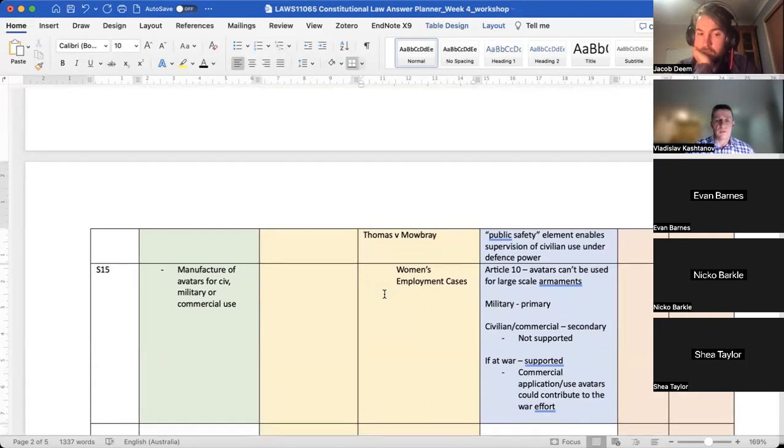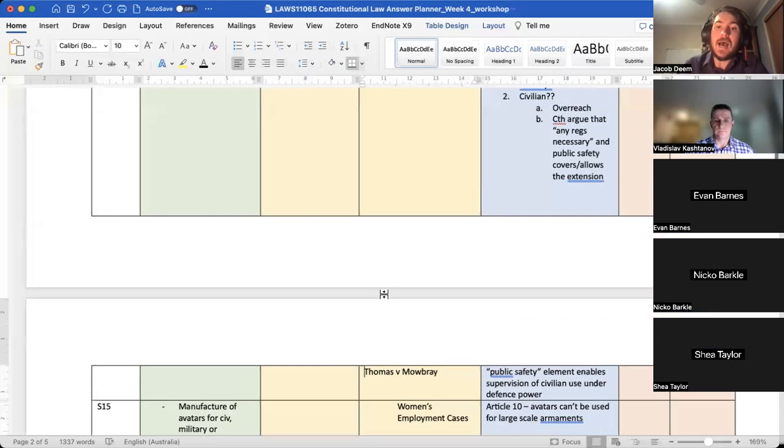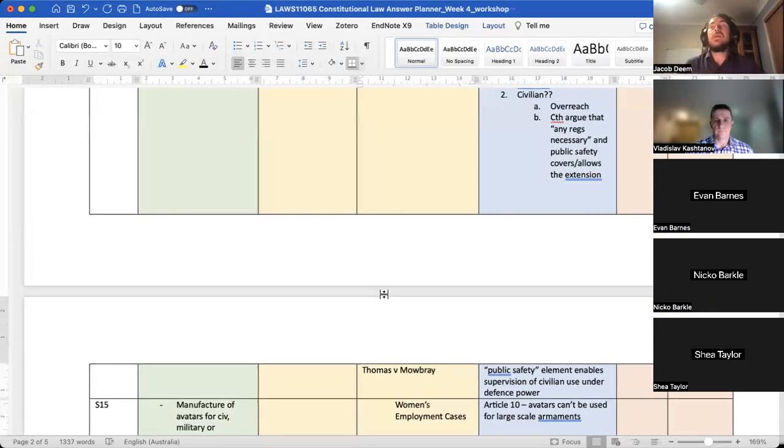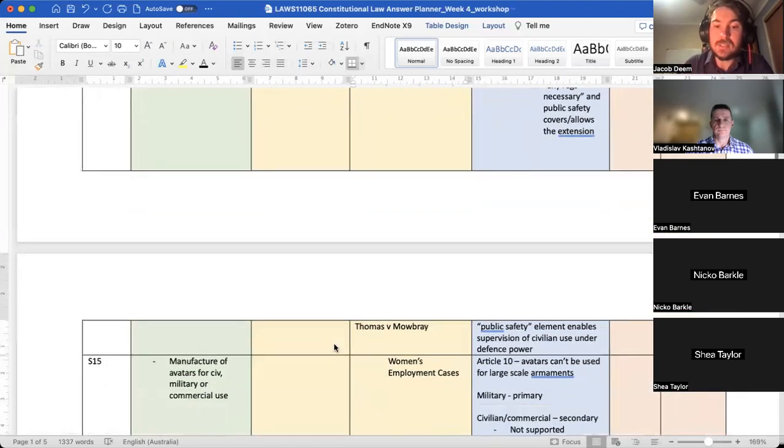So here we established that's regulating the usage of those avatars for the purpose of safe work, that these may fall under this second aspect. Do you mean for section 14 or section 15? I mean 14. 14. I think you'd be right to say, well, and this is why characterization is important, right?